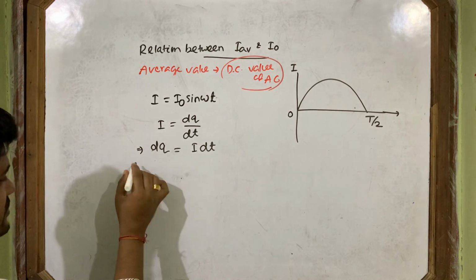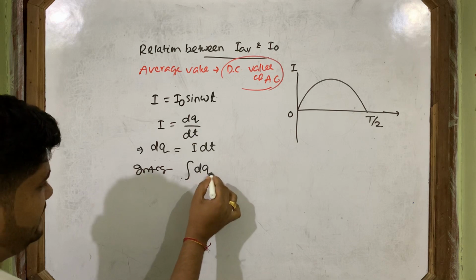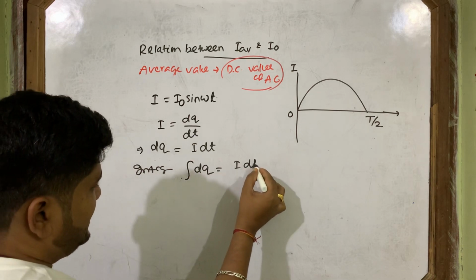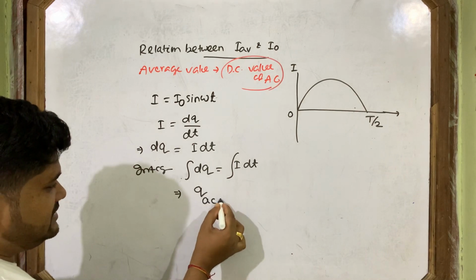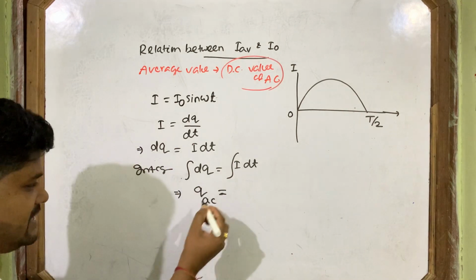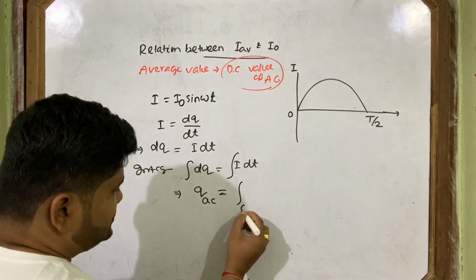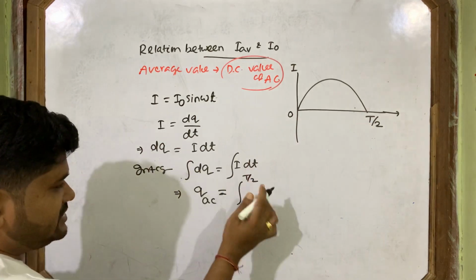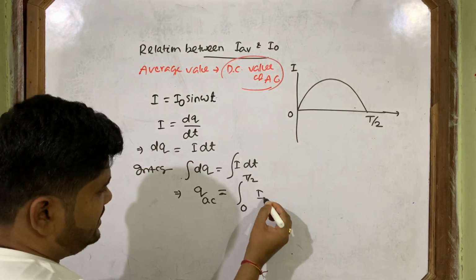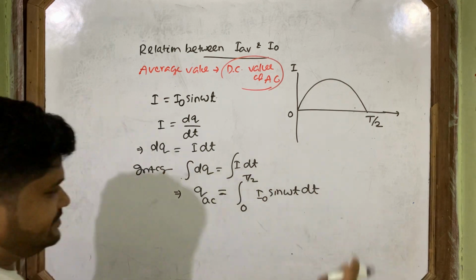Integrating both sides, the integral of dq is q, the charge flow by AC in half cycle, so the time limits are 0 to T by 2. In place of I, now write I naught sine omega t dt.